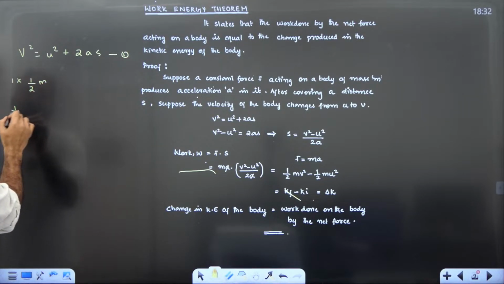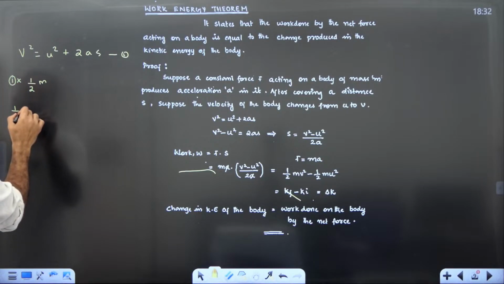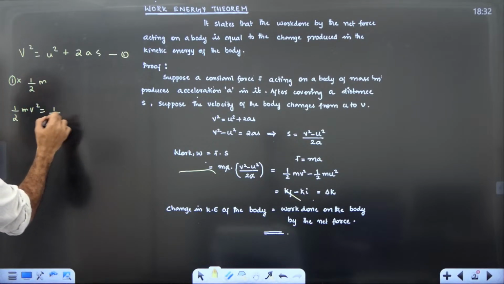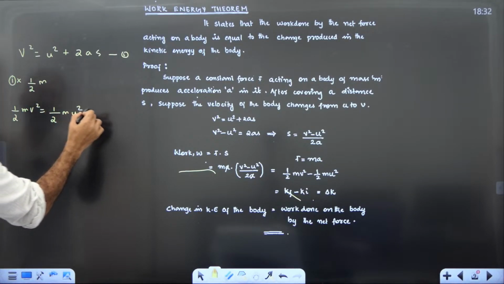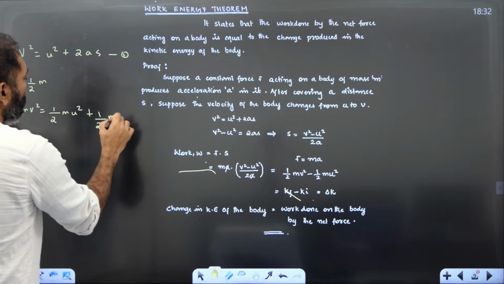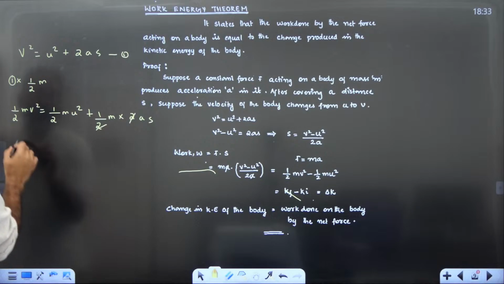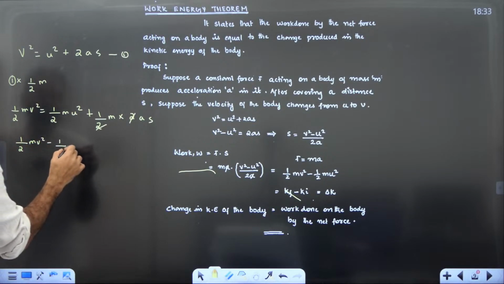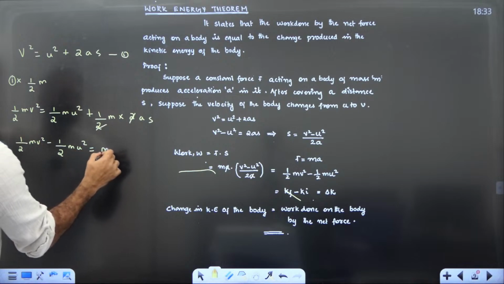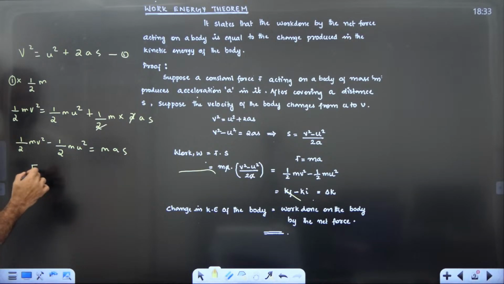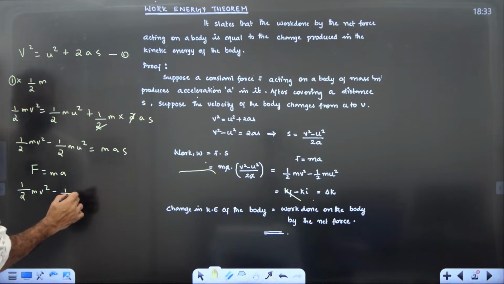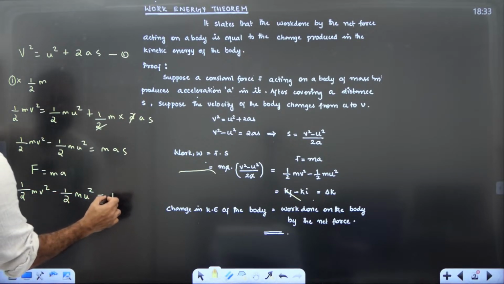So, half mv square is equal to half mu square plus half m into 2as. So 2 gone. Half mv square minus half mu square is equal to mas. We know that force equals ma. So half mv square minus half mu square is equal to Fs.